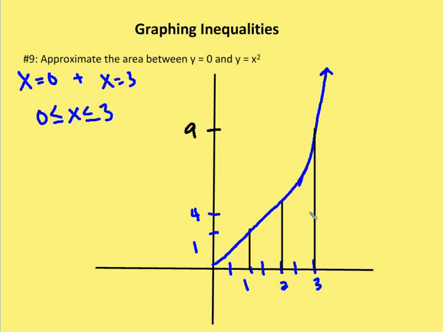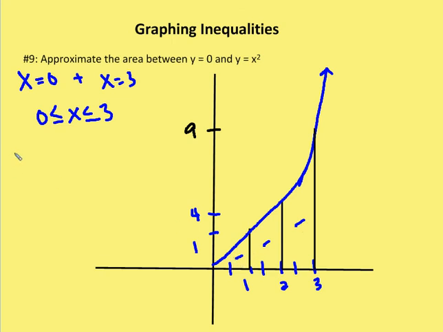So this is moving us more into calculus, or the beginnings of calculus. And what we're going to do is block off each of these pieces into trapezoids or triangles in order to figure out what the area is for each of these individual pieces.